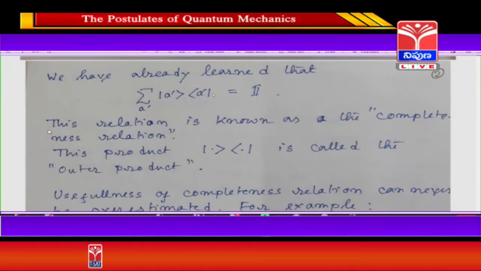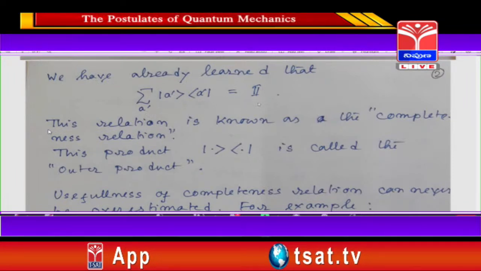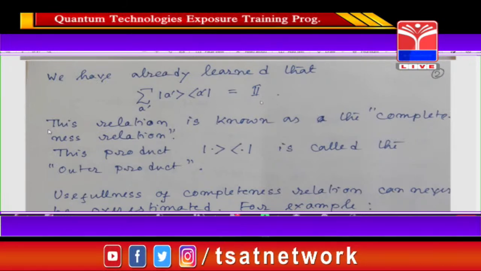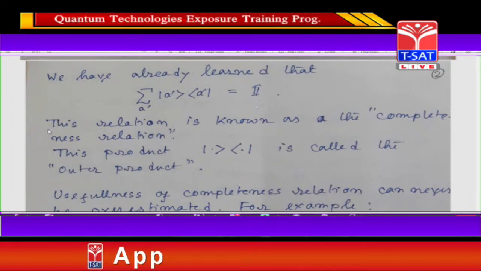If we sum over the set of all the orthonormal vectors, it gives us identity. That is the technical definition of this completeness condition I was talking about.